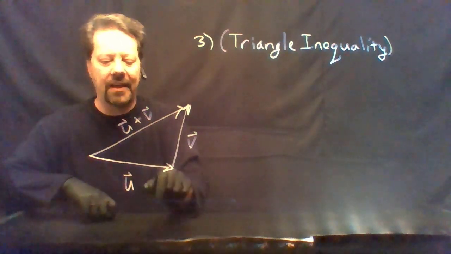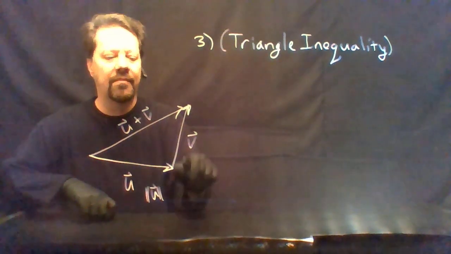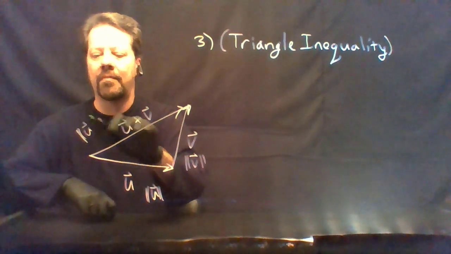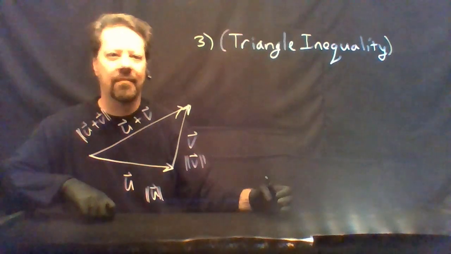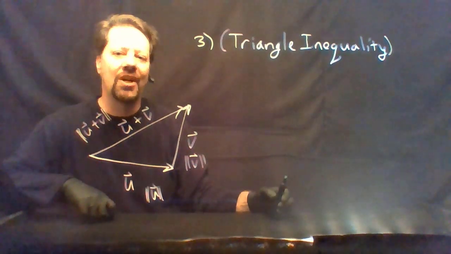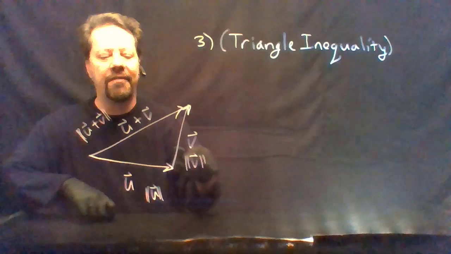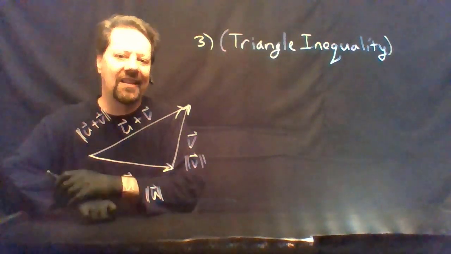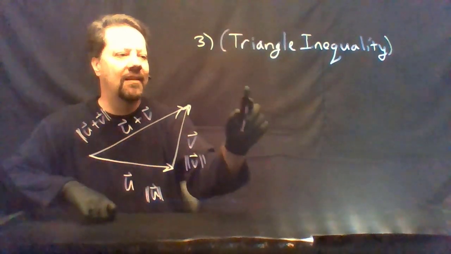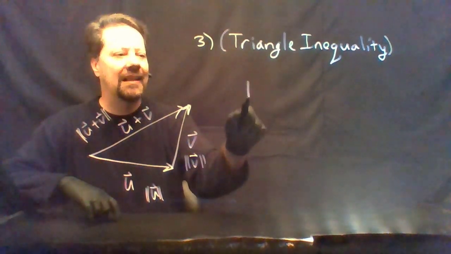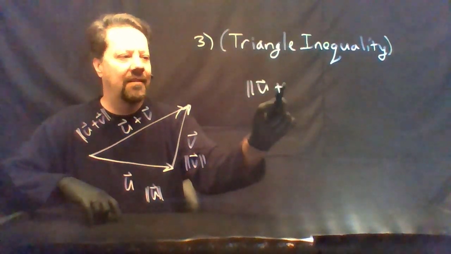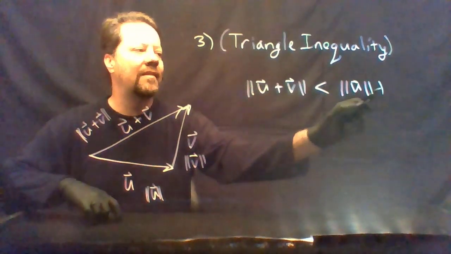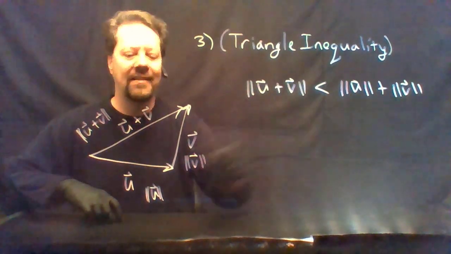The length of each side is the norm. Principle in high school geometry says that the sum of the lengths of any two legs of a triangle is greater than the length of the remaining side. Put into the form of an inequality, that says the remaining side has to have a length that's smaller than the sum of the lengths of the other two legs in that triangle.